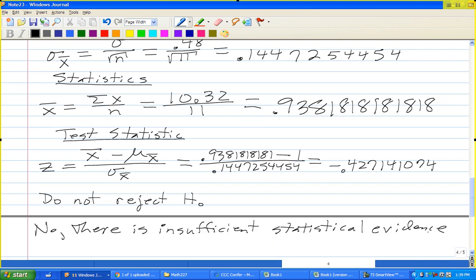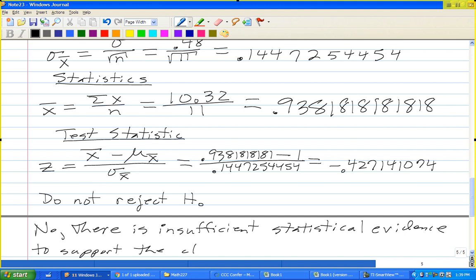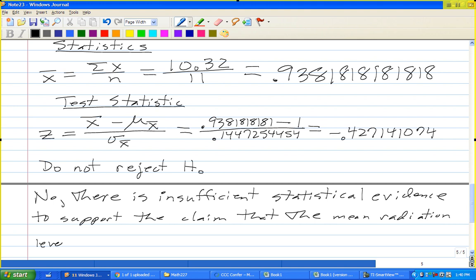And so, no, there's insufficient evidence to support the claim that the mean radiation level is less than 1 watt per kilogram. And that is your answer.